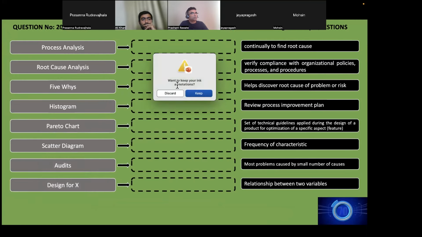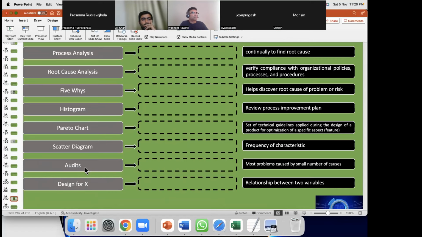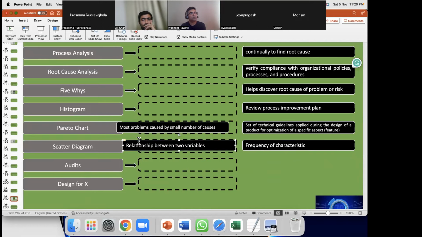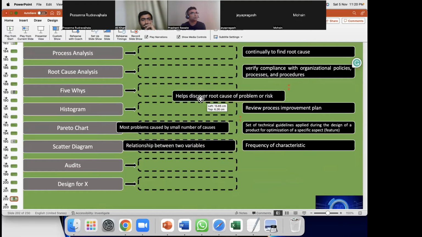Process analysis. Most problems caused by a small number of causes: Pareto chart. Relationship between two variables: scatter diagram. Helps discover the root cause of a problem: root cause analysis.